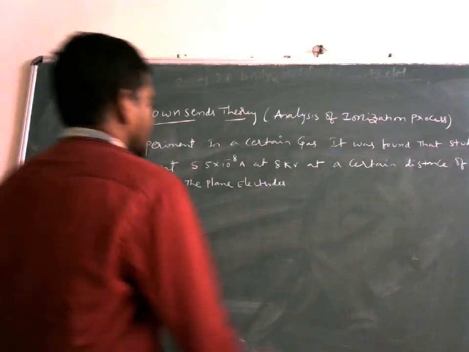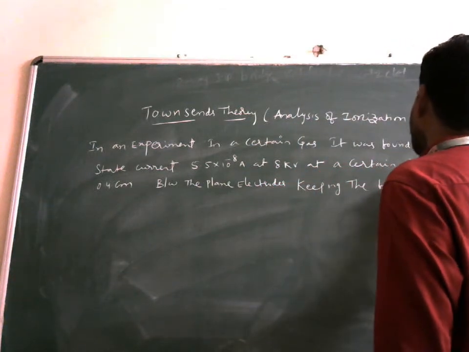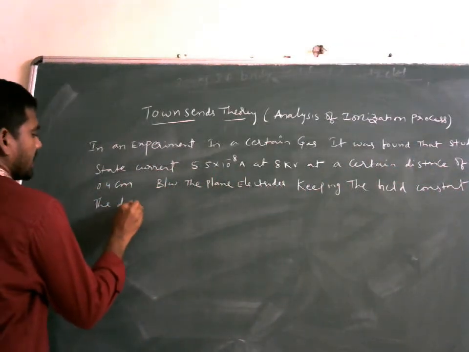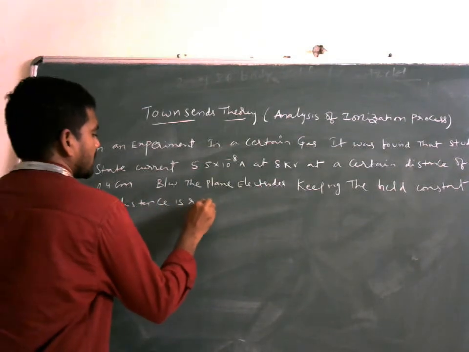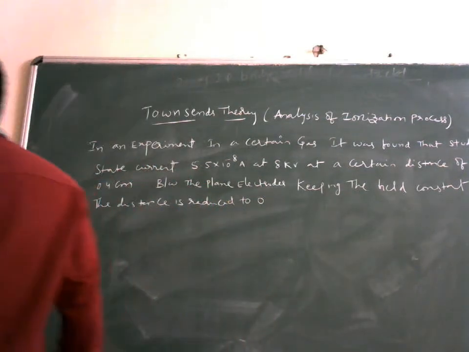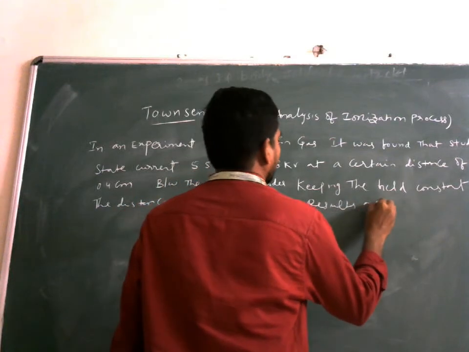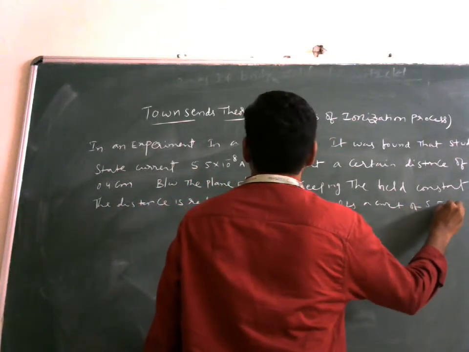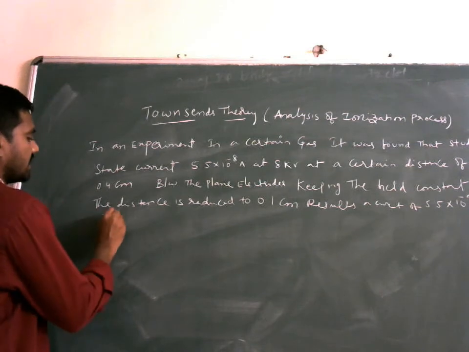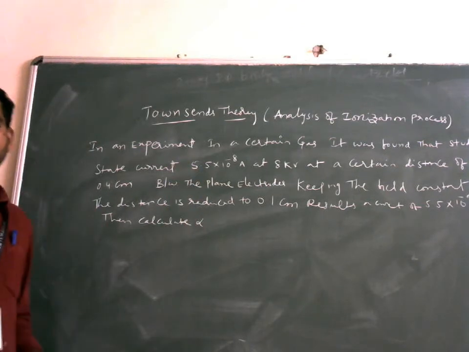Keeping the field constant, the distance is reduced to 0.1 centimeter, resulting in a current of 5.5 into 10 power minus 9 ampere. Then calculate alpha.